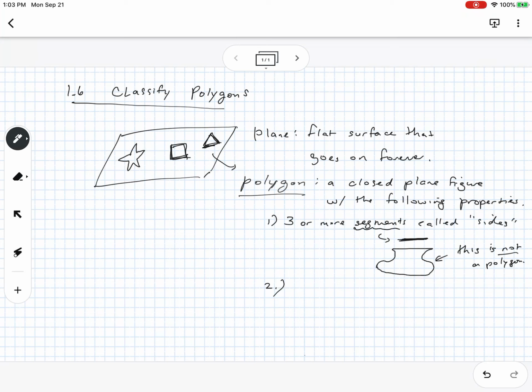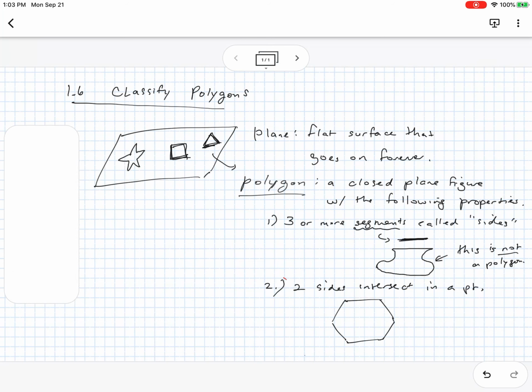The second property that it has to have is this: 2 sides intersect in a point. So something like this. And you can see here, 2 sides intersect in a point, and a point, and a point, and a point, and a point, and a point like that.